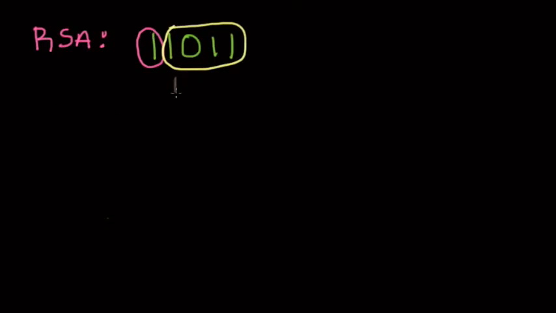So like I said, the answer is going to be a copy of this first bit. So it's 1 1 and then you just continue with this 1 0 1 1. That's your answer.